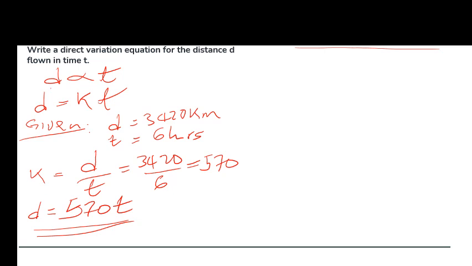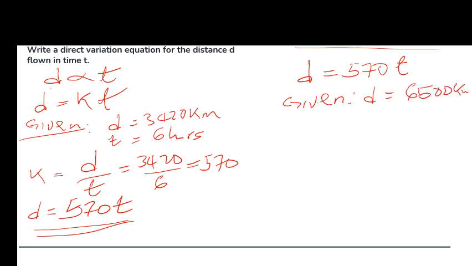So in this case, 6,500 kilometers, we are going to use the same equation. The equation that we found is d equals 570t. We are given d, which is equal to 6,500 kilometers, and the question is for us to find t, which is time.